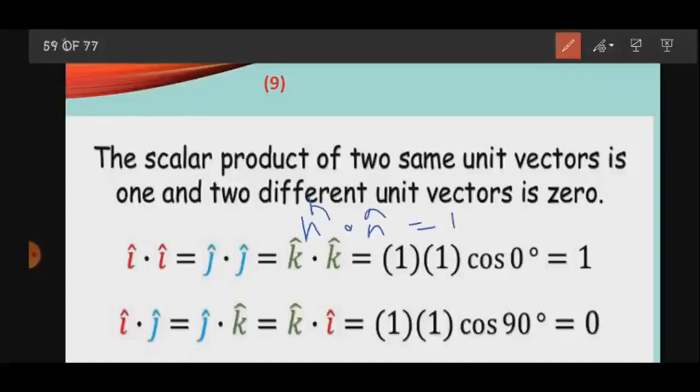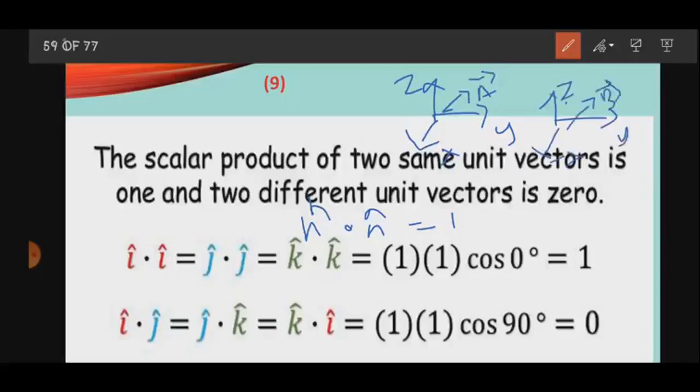Are you clear? For example, now take the components of a vector with respect to a vector and b vector. Now see, x, y, z components with respect to a vector, and x, y, z components with respect to b vector. Both have the same angle along the x component with the orthogonal unit vector i unit vector.